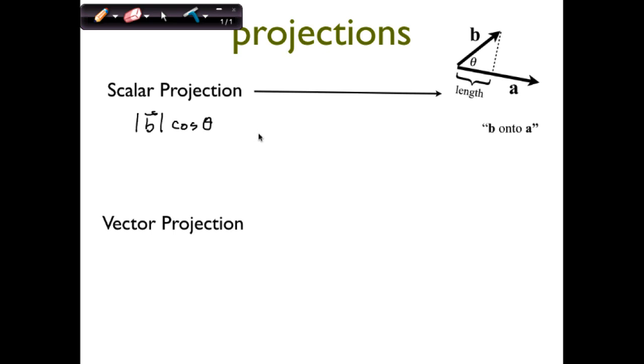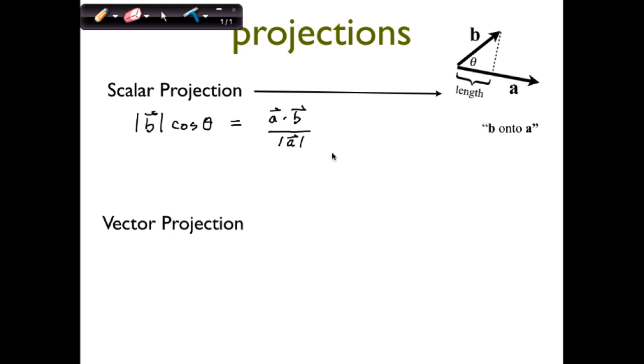But what does that almost look like? That's almost the dot product, right? So how could we write it in terms of the dot product? What would I have to do to the dot product to get that? Divided by the magnitude of A, right? If I took the dot product and divided by the magnitude of A, I would have the same thing, because the magnitude of A would go away. Follow?